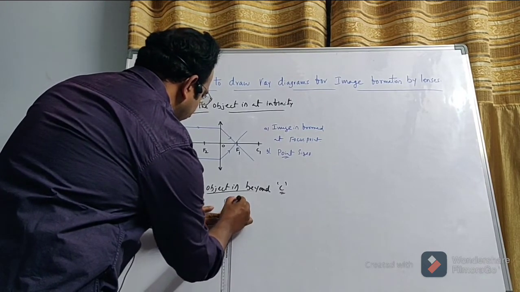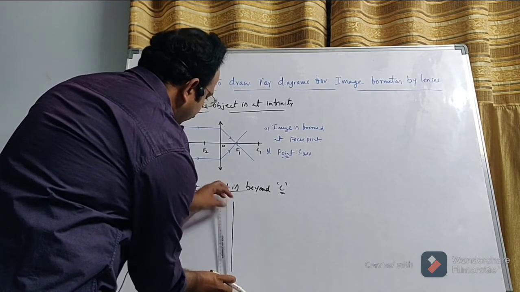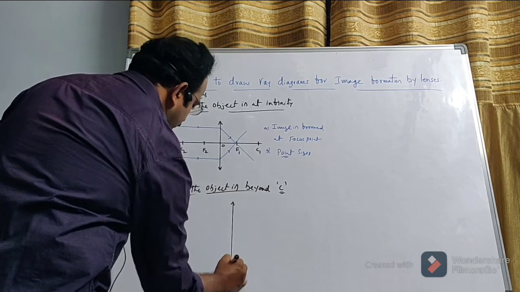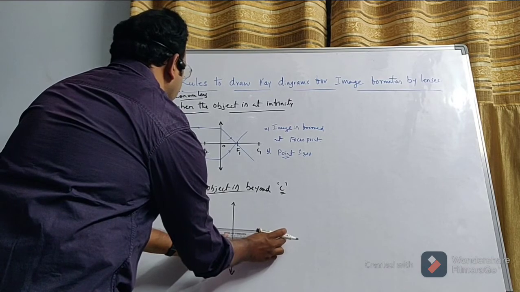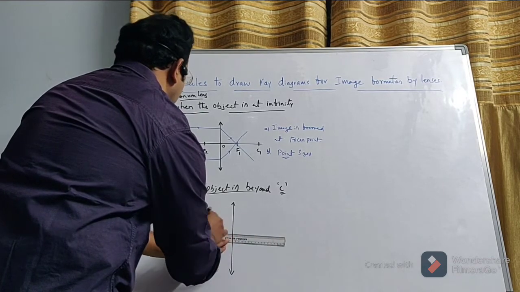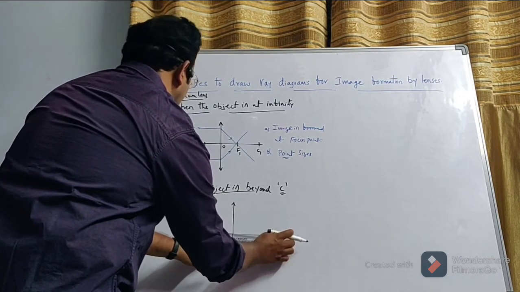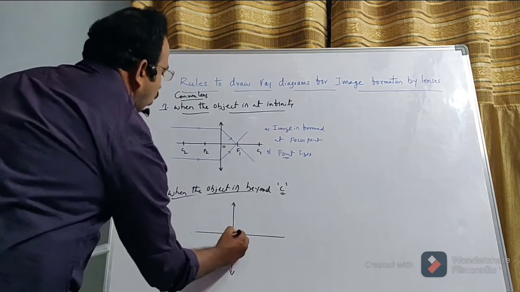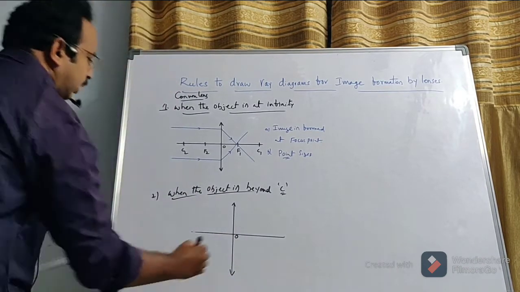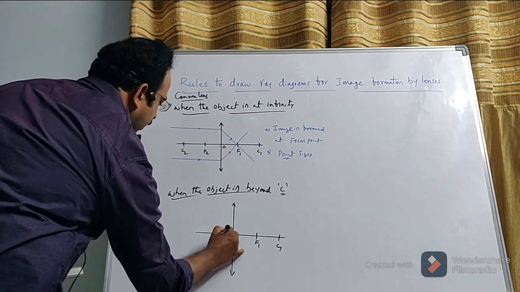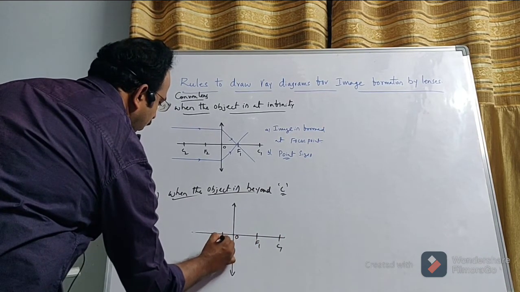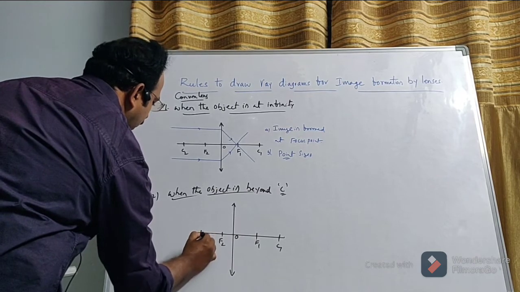This is the convex lens, as we know, and this is the lens. So, the optic center, and here F1 and C1, and we also have F2 and C2.